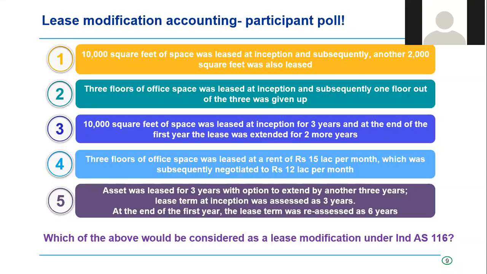At inception or at commencement of the lease, the lessee thought, I am not going to go beyond 3 years. But come end of 1 year, the lessee said, this looks to be an attractive proposition. I will extend the lease by another 3 years. In this case, the option to extend the lease was already a part of the contract on day 1. And therefore, example 5 on this slide is not a lease modification.